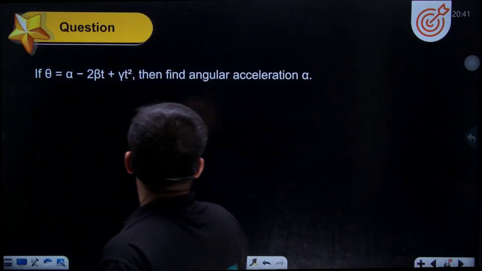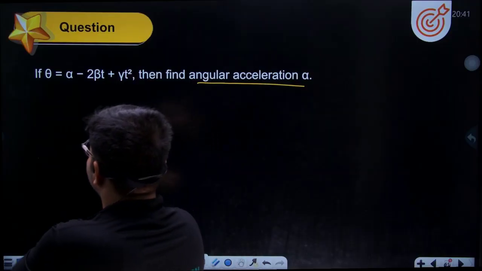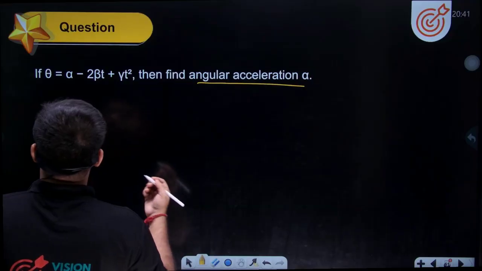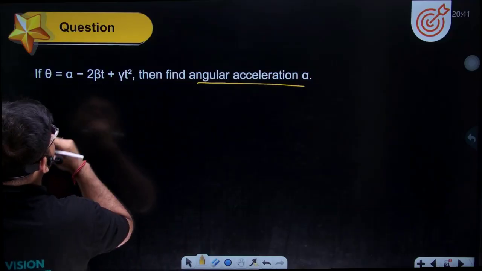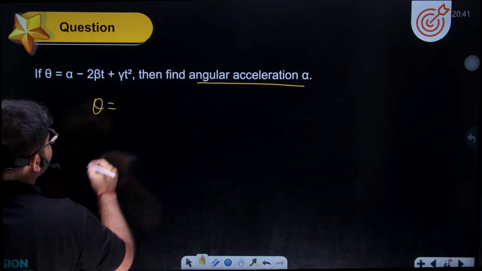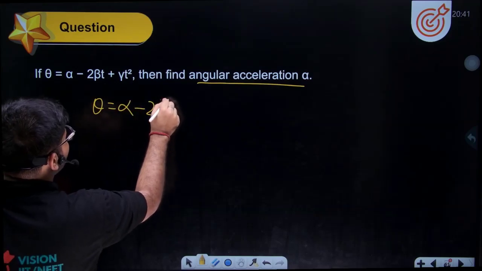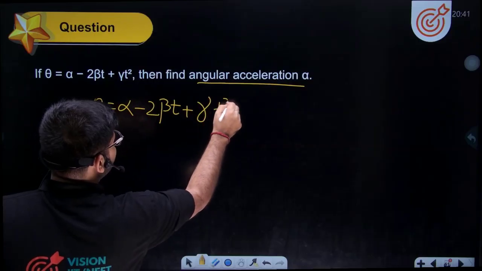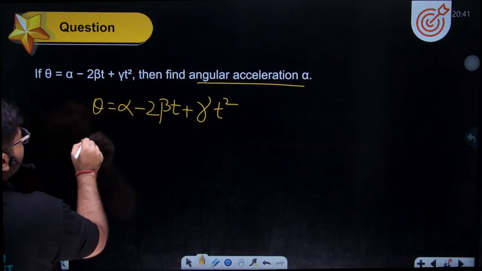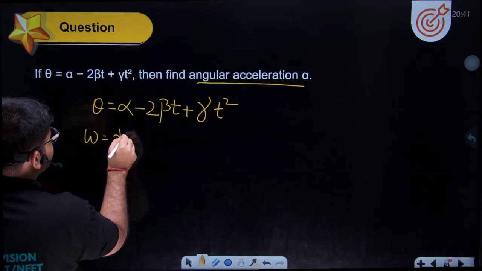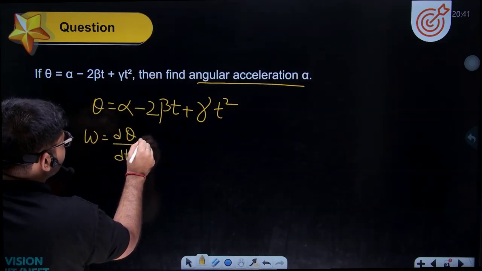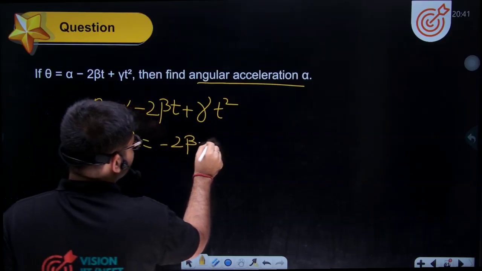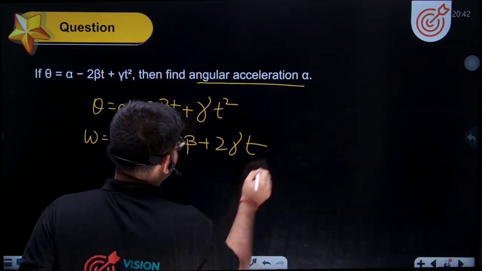Now find angular acceleration. You see theta is given to you: theta is equal to alpha minus 2 beta t plus gamma t square. So omega is going to be d theta by dt. Differentiate it once, you get minus 2 beta plus 2 gamma t.